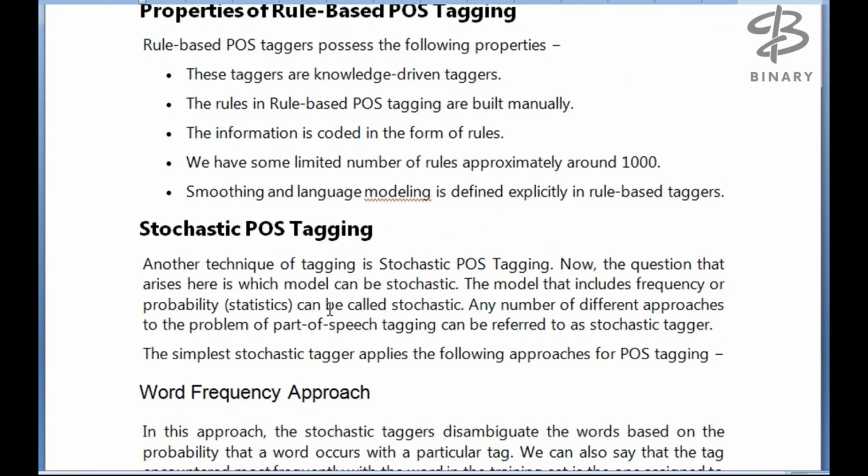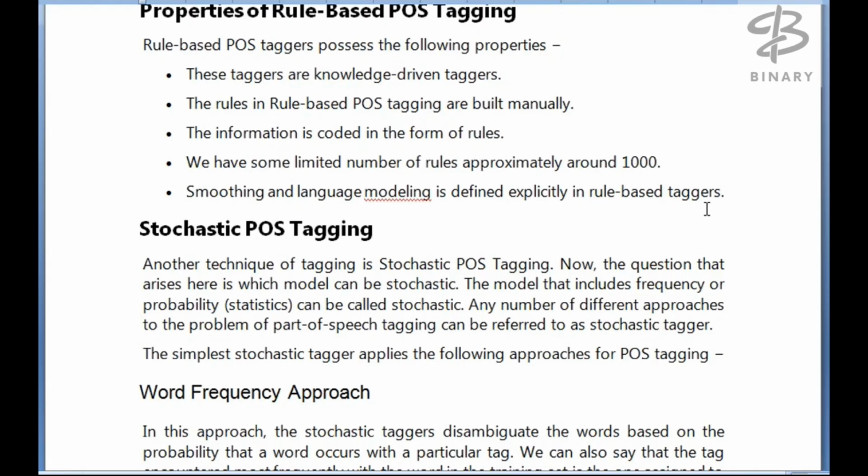And we have a limited number of rules, approximately around 1000 rules, that we have to apply on the linguistic features. After that, during applying the rules, we do some smoothing, and language modeling is defined explicitly in rule-based taggers.